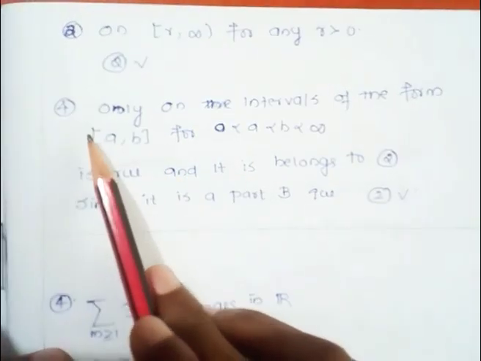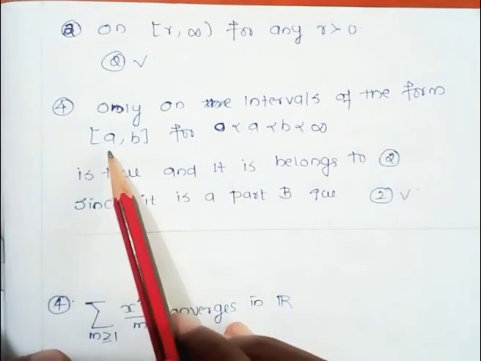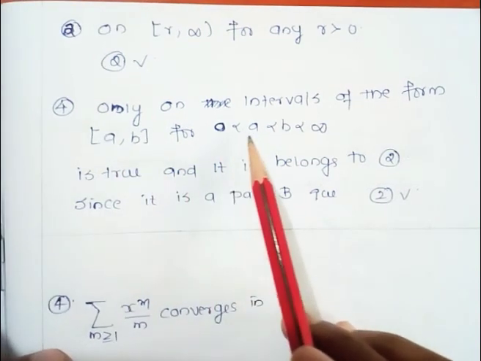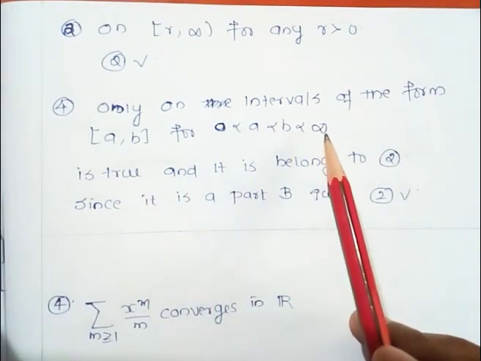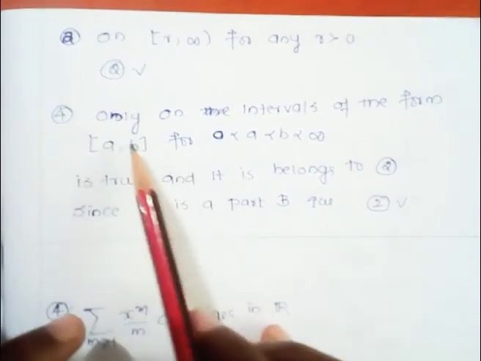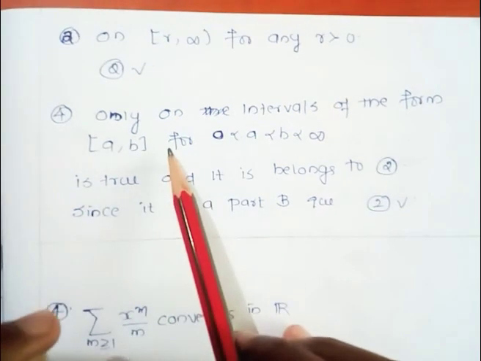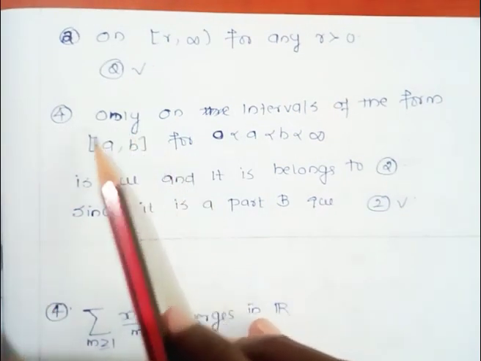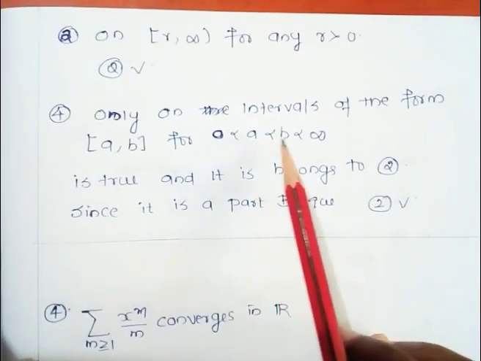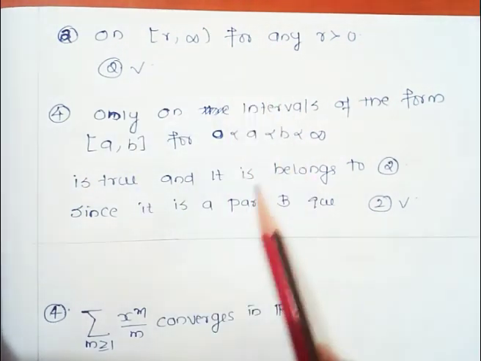And our fourth option, which says that only on the closed interval [a, b] for 0 less than a less than b less than infinity, this is true, because f of x equal to 1 by root x is uniformly continuous within the interval [a, infinity) for 0 less than a, and this belongs to our second option.